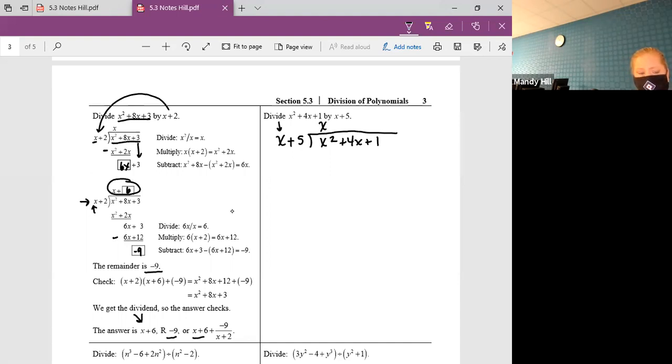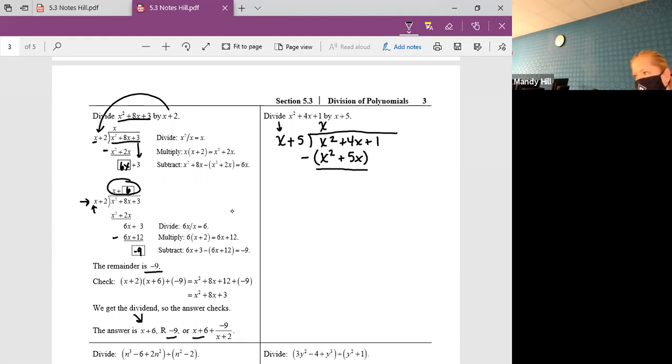So x, then you take your x and multiply it by both of these terms over here. So x times x gets me x squared. x times 5 gets me a positive 5x. But I have to subtract this whole thing. So x squared minus x squared, well, that's nothing.